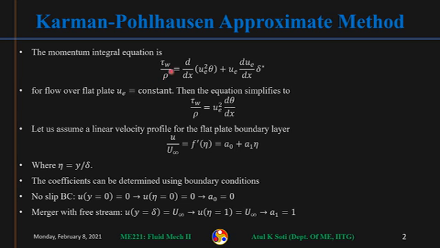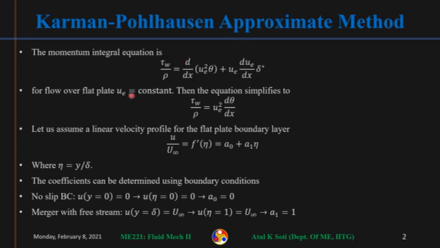Tau wall upon rho is equal to d by dx of ue square theta, where ue is the local velocity in the inviscid region at x, and theta is the momentum thickness at a particular location x, and tau wall is also at that particular location along the boundary layer, plus ue times dUe by dx times the displacement thickness at location x, delta star. So we will use this equation for flow over a flat plate and see how we can get an approximation for delta.